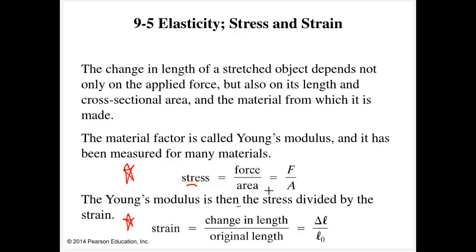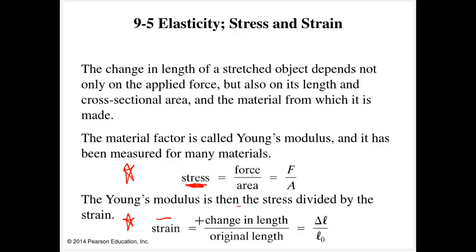So if you think about pulling on two objects with the same amount of force, say a very thin wire with a small cross-sectional area, and then a very, very thick wire with a huge cross-sectional area, obviously you're going to greatly stress the very thin wire, and not so much stress the thicker, larger area wire.